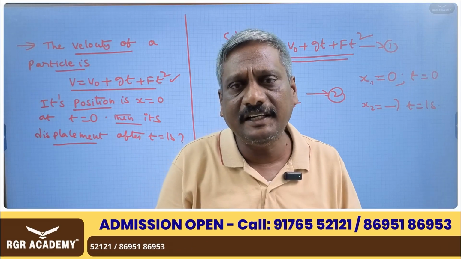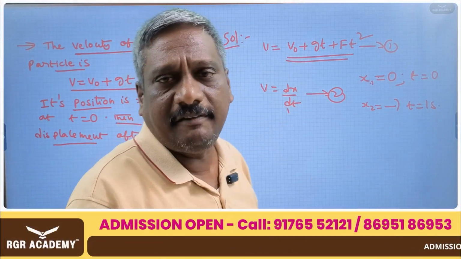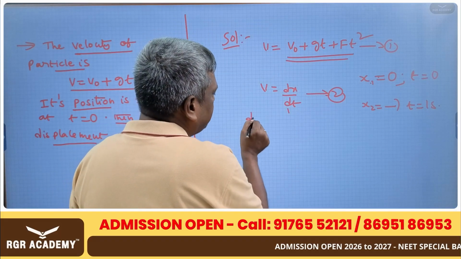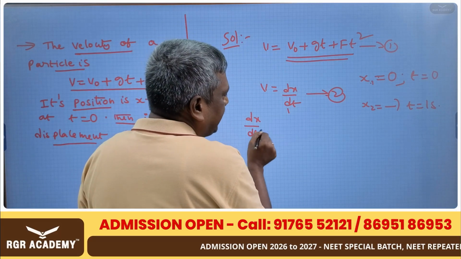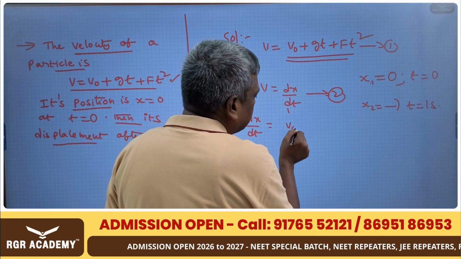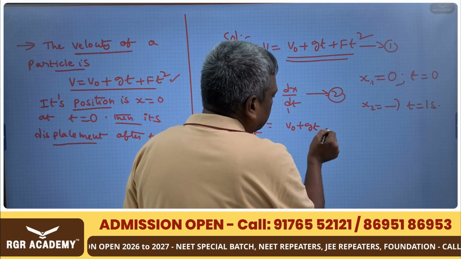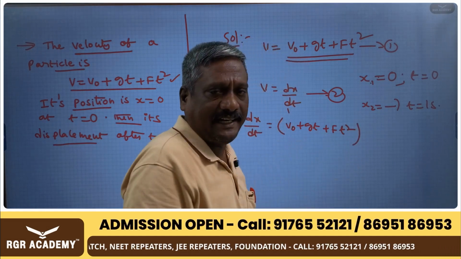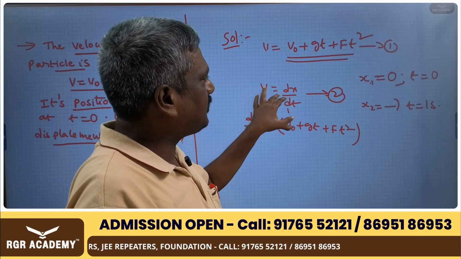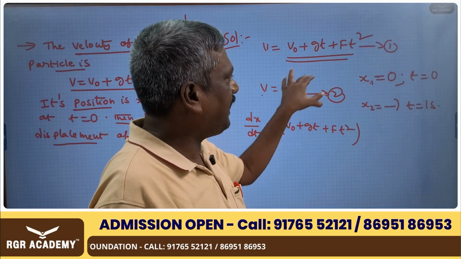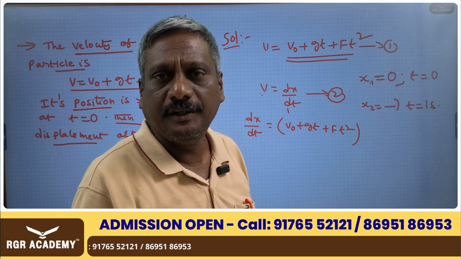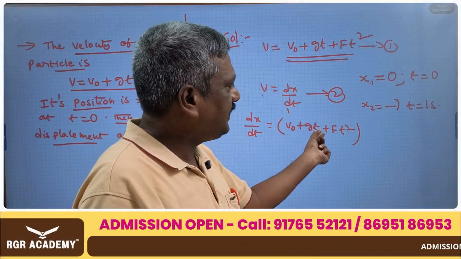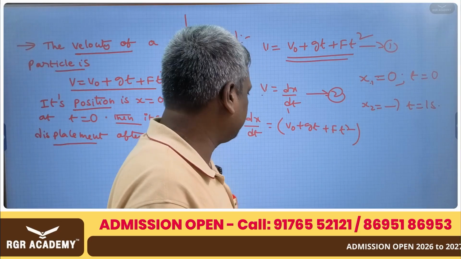If the left hand sides are equal, you can equate the right hand sides. Therefore dx by dt is equal to v naught plus gt plus ft square.